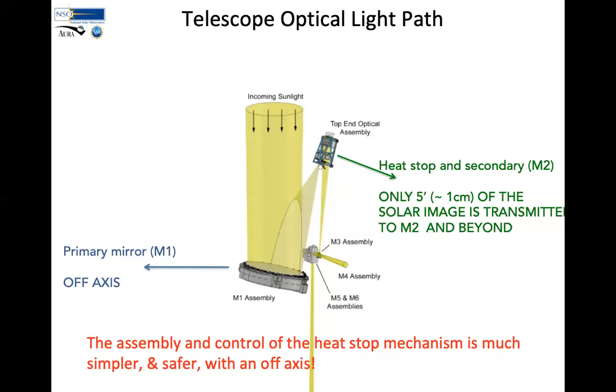So I guess how is that different than having just a smaller mirror that focuses only that much? No, because the spatial resolution depends on the diameter of your primary. It's not the field of view, it's the resolution that depends on the primary.